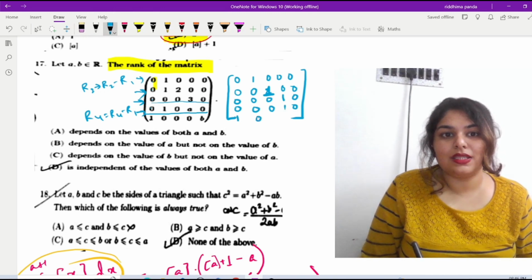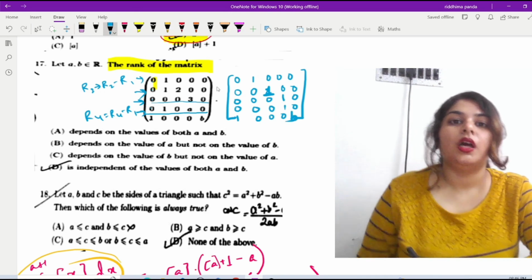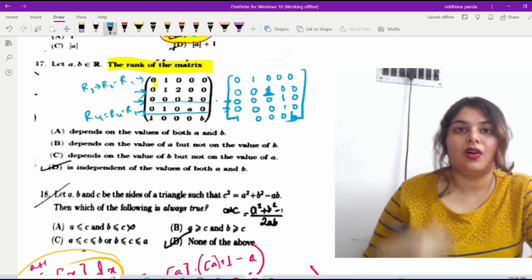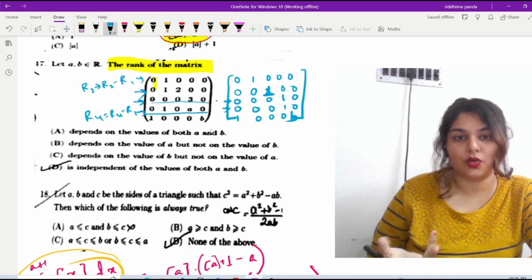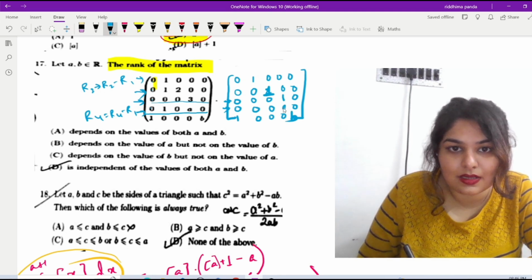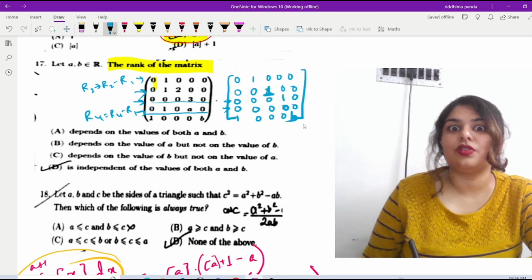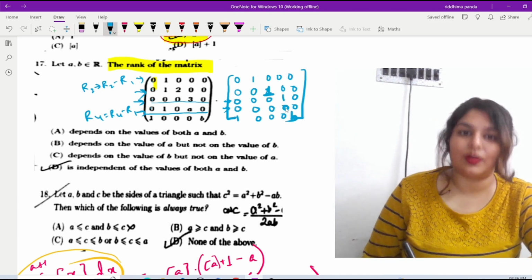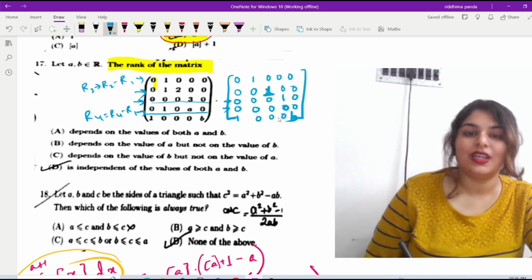The last one is 1, 0, 0, 0, B. Perfect. Now this row and this row are identical, so if we operate on the rows, I can make this 0, 0, 0, 0, 0.